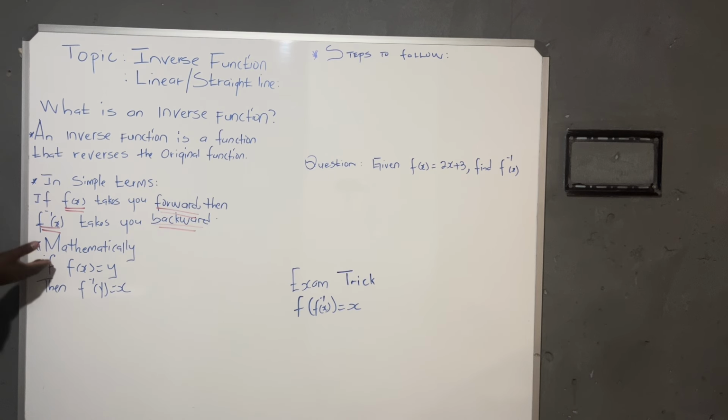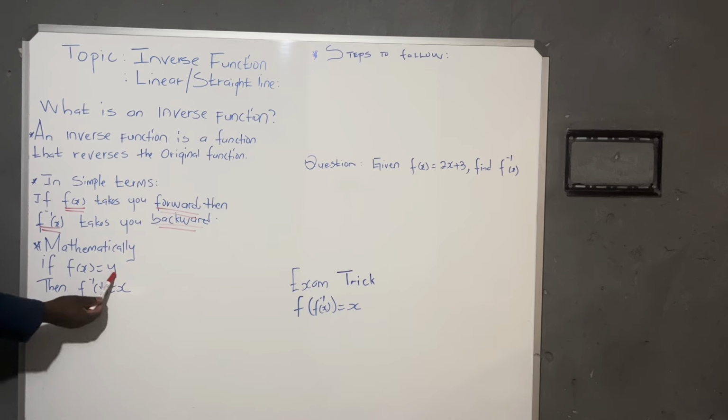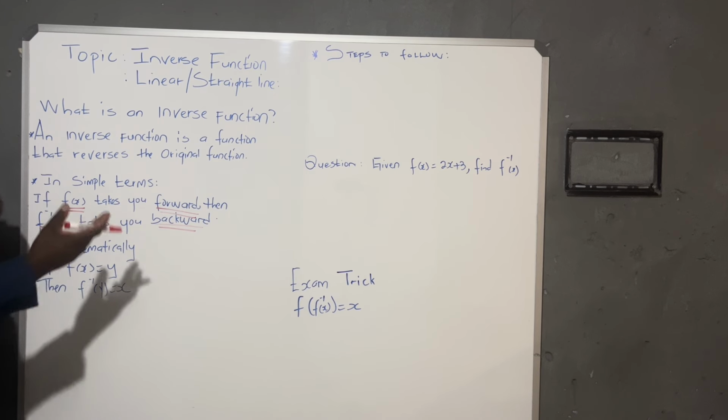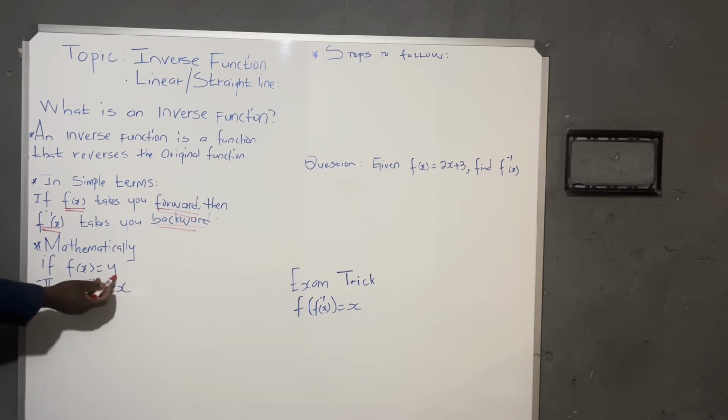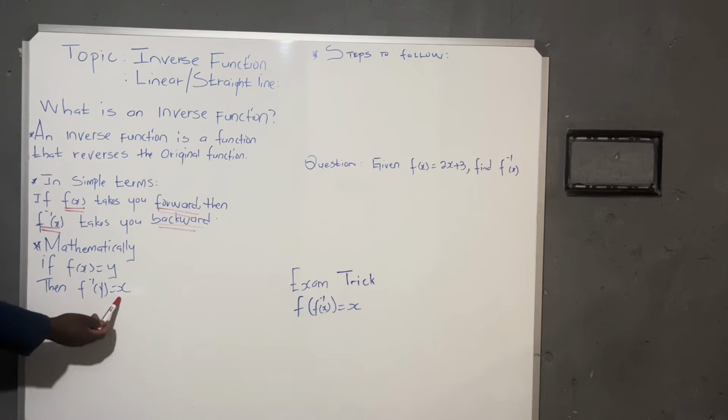So again, mathematically, to emphasize this explanation or definition, we know that f of x equals y. They can give you other functions like g of x, but they still represent y. Now, talking about its inverse, the inverse equals x.